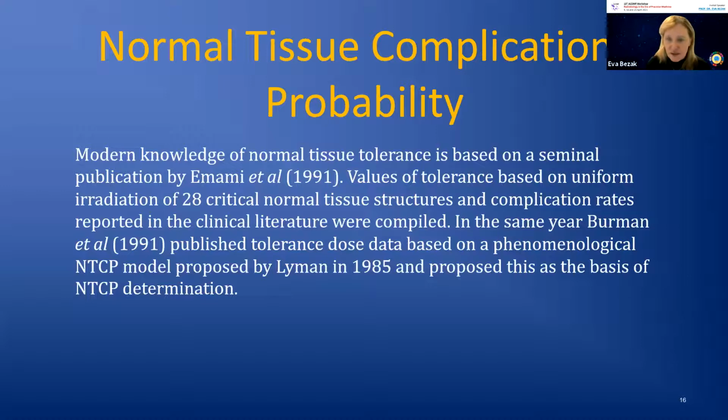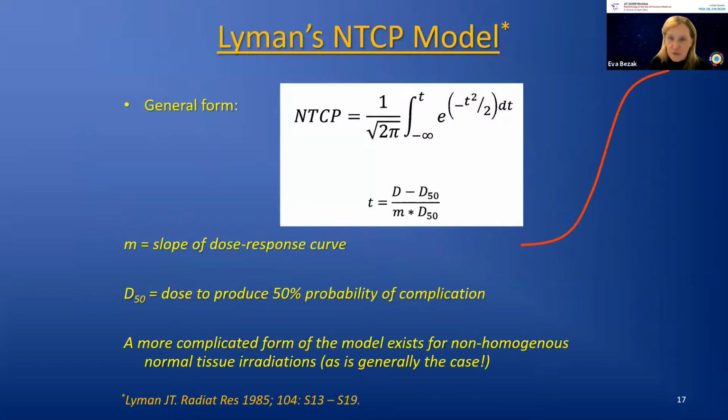The values of tolerances were based upon uniform irradiation of 28 critical normal tissue structures, and complication rates reported in the clinical literature were also compiled. In the same year, Burman published tolerance dose data based on the phenomenological NTCP model proposed by Lyman in 1985. And I will show again a couple of equations and discuss the data that is being used in that model.